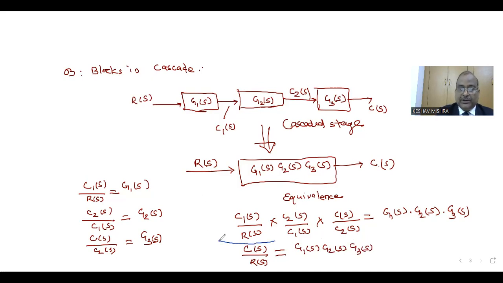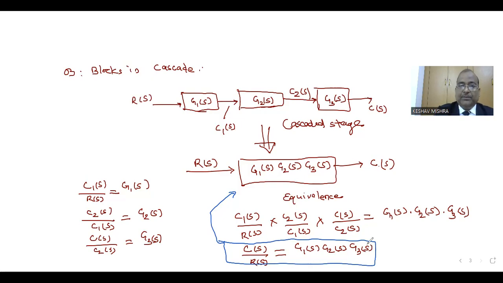So we can replace the cascaded form by this diagram. Blocks connected in cascade can be replaced by a single block with a transfer function that is the multiplication of the individual stages, and this is given by C(s)/R(s), the multiplication of all three stages.